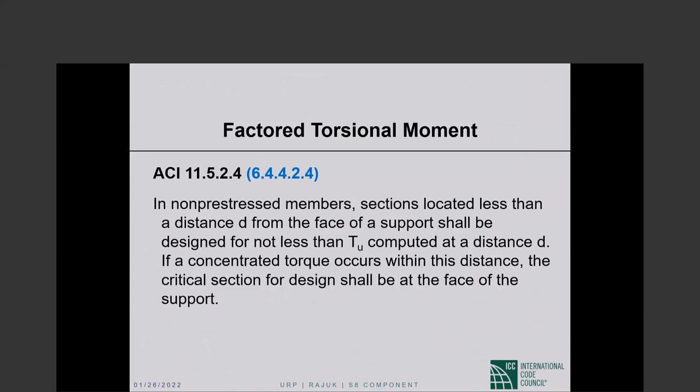In non-prestressed members, this is like the critical section for shear. Sections located less than a distance d from the face of a support shall be designed for not less than T sub u computed at a distance d, etc. So all of that tells you that the critical section for torsion is a distance d away from the support face, unless there is a concentrated torque applied within that d distance, in which case we back the critical section off to the support face.